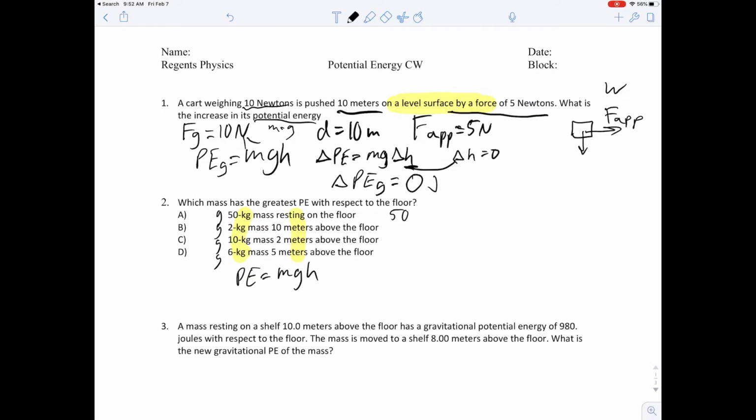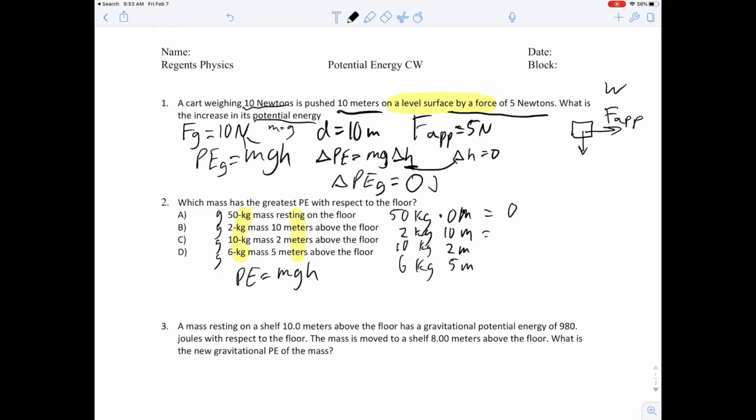I'm just going to go ahead and do all our mgh's. 50 kilograms times 0 meters, because it's no height up. 2 kilograms times 10 meters. Then 10 kilograms times 2 meters. And I've got 6 kilograms times 5 meters.